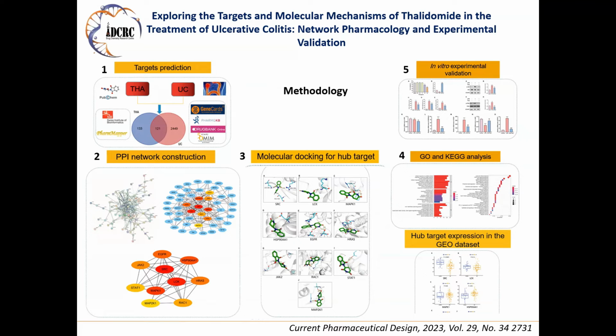All of these analyses, like target prediction, PPI, molecular docking, and the GO and GEO analysis, are in silico analysis. They then performed in vitro experimentation of the identified targets to see the expression of these identified hub genes in the presence of thalidomide.